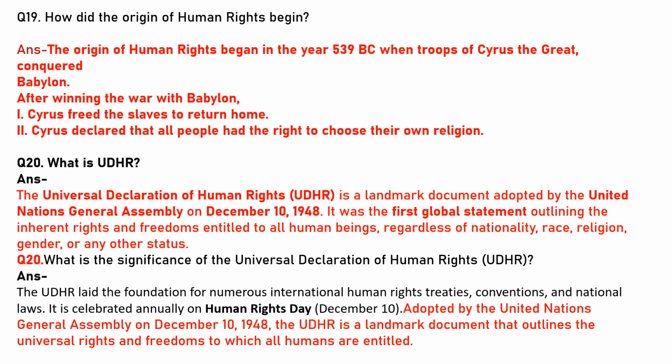The UDHR laid the foundation for numerous international human rights treaties, conventions and national laws. It is celebrated annually on Human Rights Day, that is on December 10th. It outlines the universal rights and freedoms to which all humans are entitled.